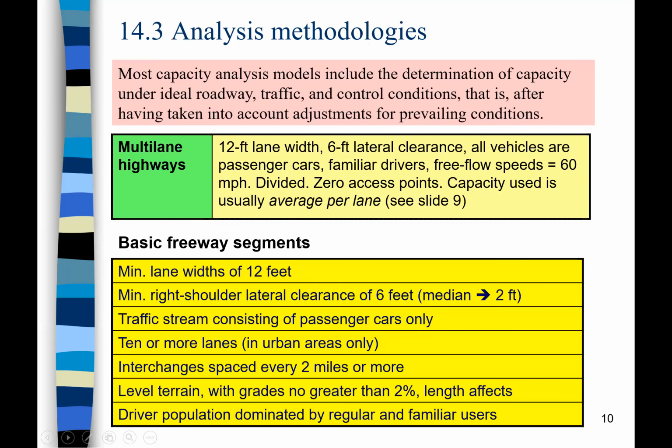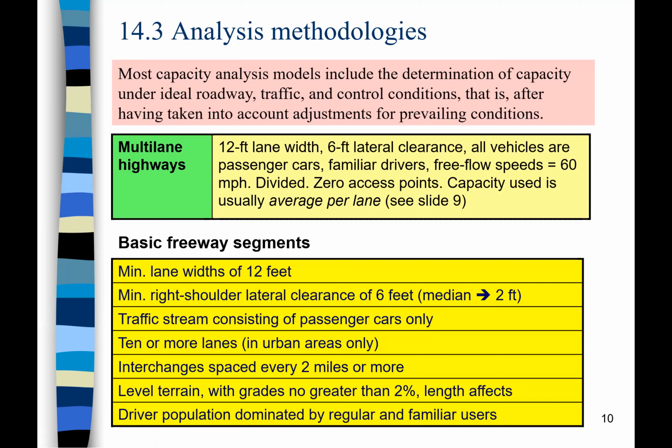For the basic freeway segment, the ideal condition would include a minimum 12-foot lane. The right shoulder lateral clearance is 6 feet. The right shoulder is on the side you're driving on, the right-hand side, right?